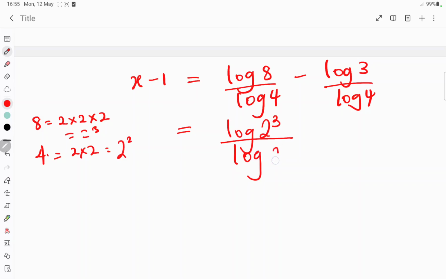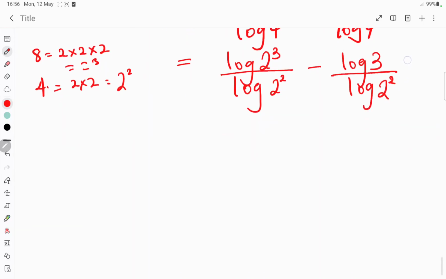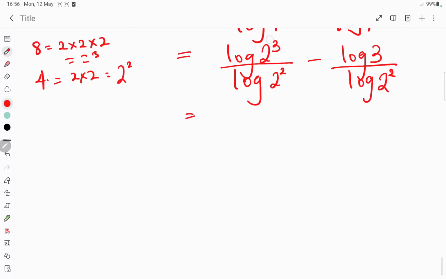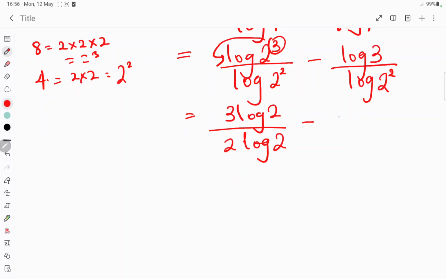So we put it there: minus log 3 over log 2 squared. Logarithm allows us to multiply the power to the log. So we have 3 log 2 over 2 log 2, minus log 3 over 2 log 2. So that log 2 will cancel out log 2.